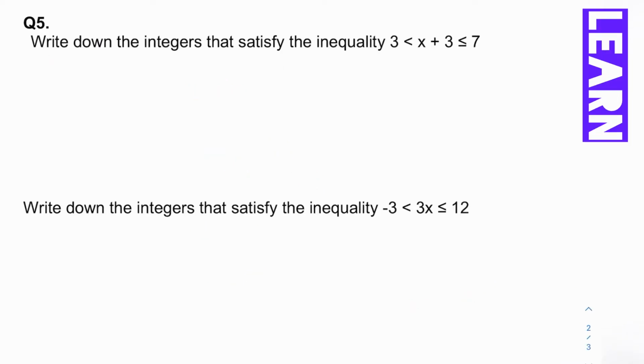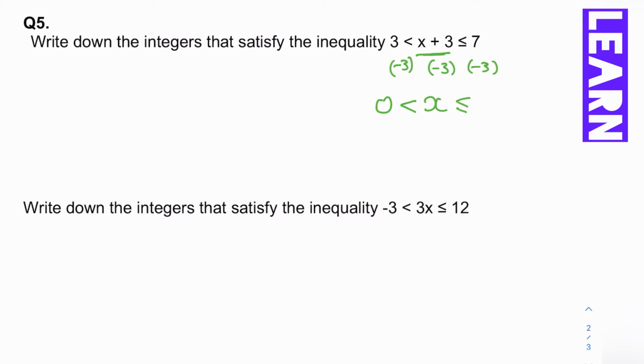Okay, in our next question, it wants us to write down the integers that satisfy the inequality. So here we have got 3 is less than x plus 3, which is less than or equal to 7. So what we need to do is change this so that we've got x by itself in the middle. That means we need to subtract 3 from all 3 parts. 3 take away 3 is 0. x plus 3 take away 3 is just x.